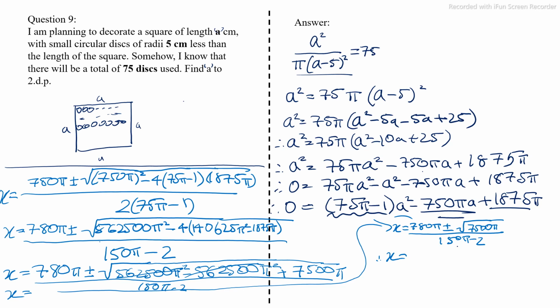So we get the solutions, which is actually not x, oh my, a equals 5.34 something, and 4.69.